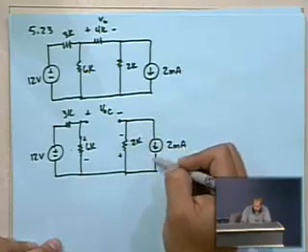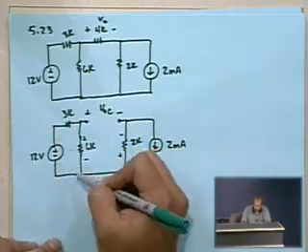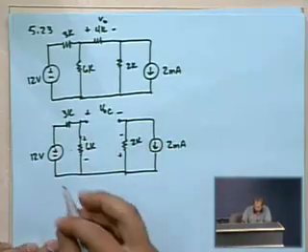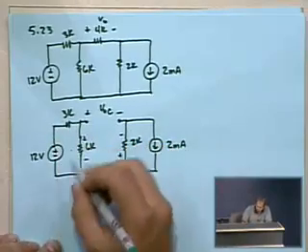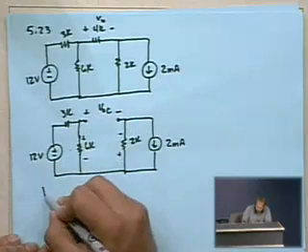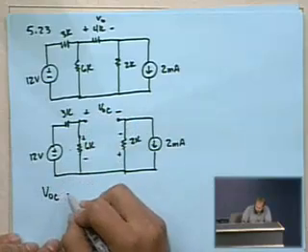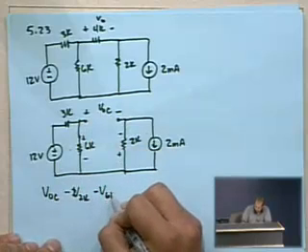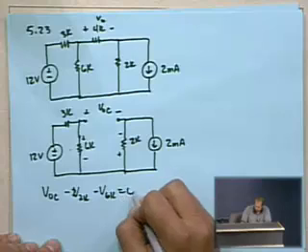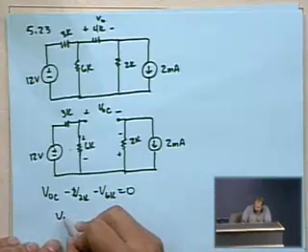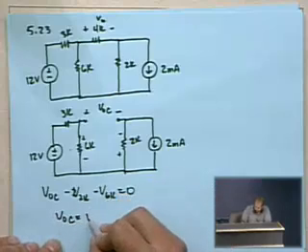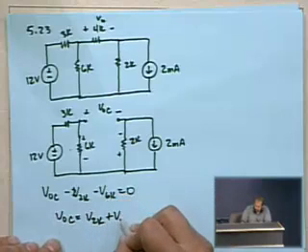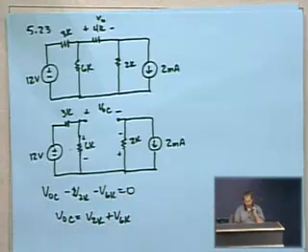Given the way that the current flows around this loop, we should get, if we go around this way, VOC minus the voltage across the 2K resistor minus the voltage across the 6K resistor equals 0, or VOC equals the 2K resistor voltage plus the 6K resistor voltage.